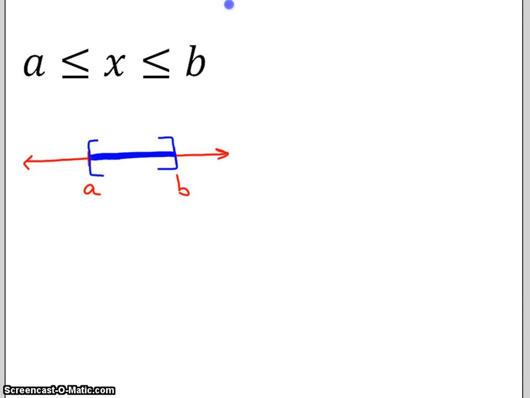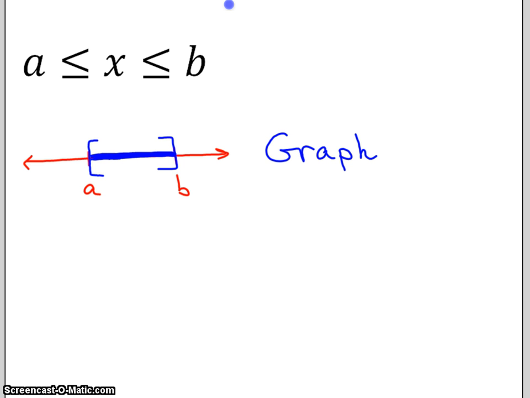The square bracket indicates that the endpoint is part of the solution interval. So A is a number in our interval. This is the graph.